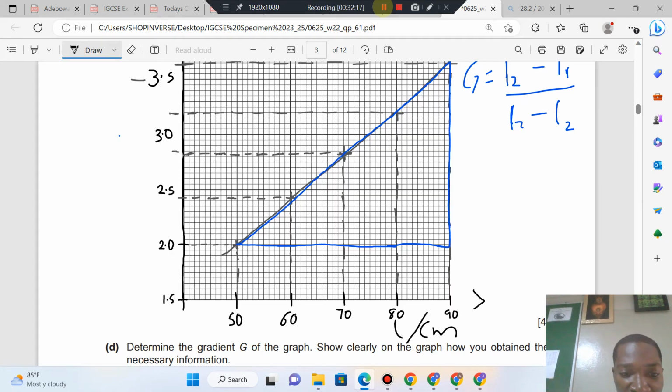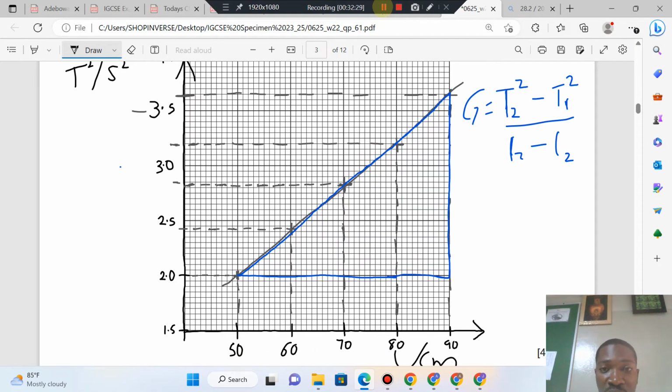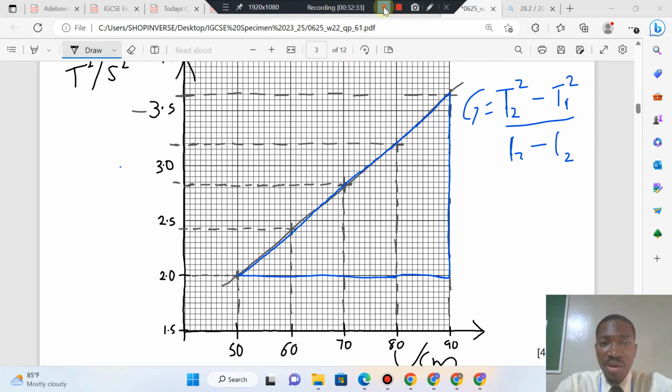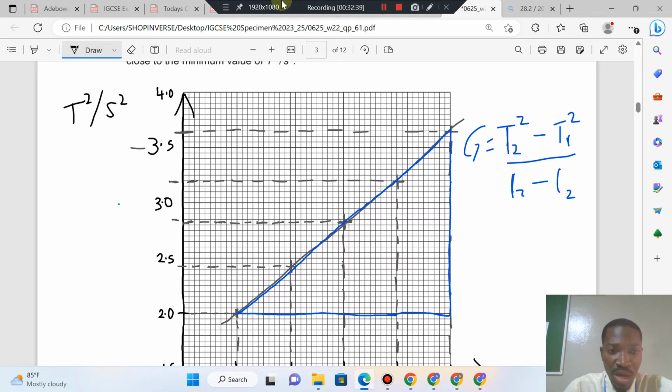I have mistakenly erased the horizontal line here, so I have to put it back here. Alright, so the graph is perfect now. Now let's go. What's our value of our T2? You pick the value of your T2 and the value of your T1. Now let us pick our values on the graph. What is the value of T2 squared? Along the y-axis, what value do you have here?